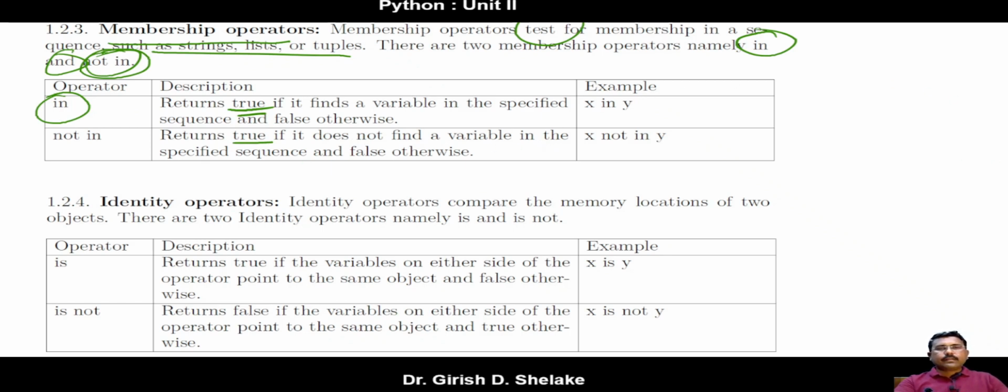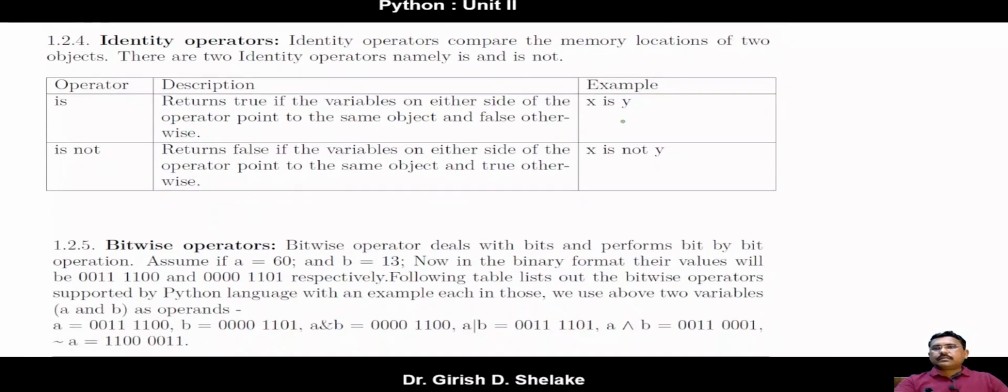The next one is the identity operator. The identity operator compares the memory location of two objects. There are two identity operators, namely is and is not. The first one is 'is' and the second one is 'is not'. 'Is' returns true if the variables on either side of the operator point to the same object, and false otherwise.